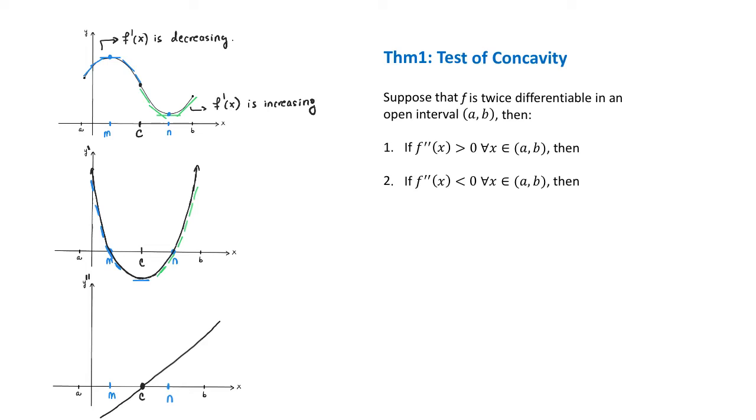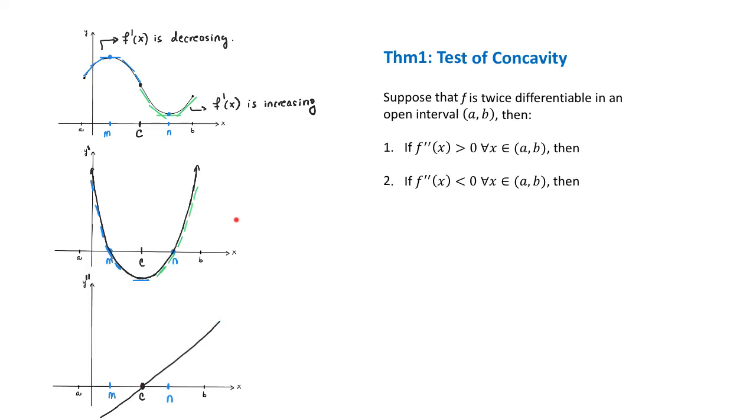The test of concavity says that if f is twice differentiable, that means that you can find the first derivative and the second derivative in an open interval AB, then if we know that the second derivative is greater than 0 in AB, let me take you over here. Look at this part over here. The second derivative is positive.